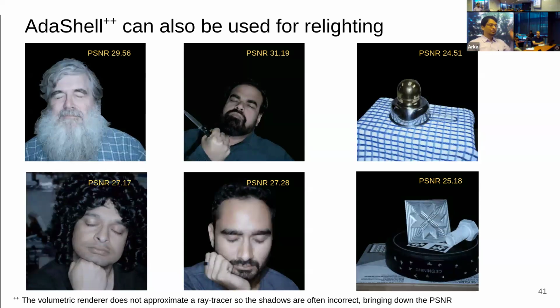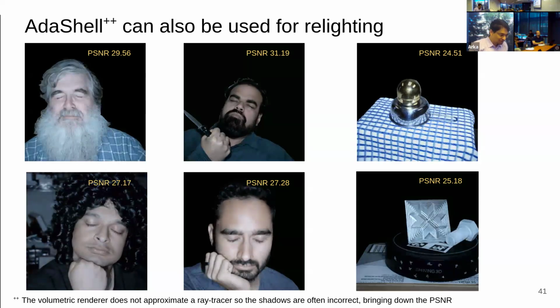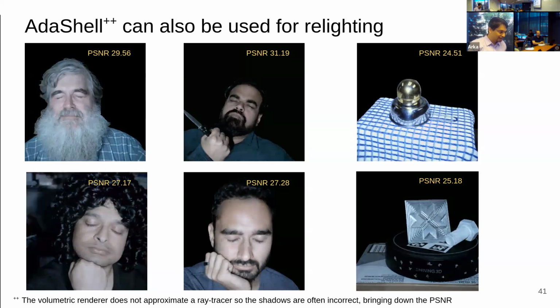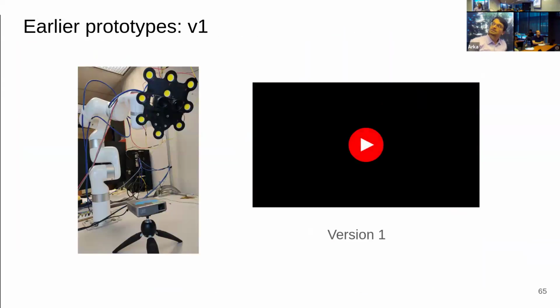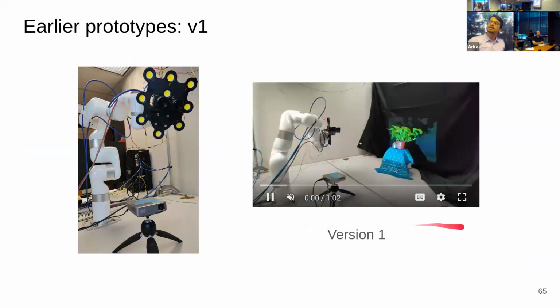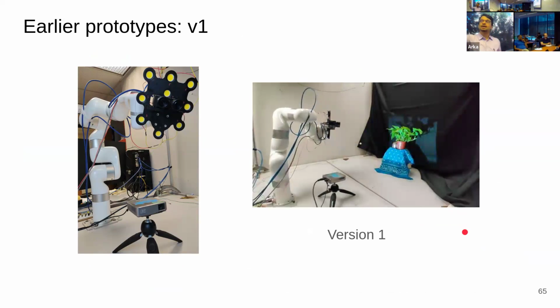If you remember my old proposal talk, we had that system running then, moving lights and cameras this way. I didn't emphasize it in this talk, but this system still exists.